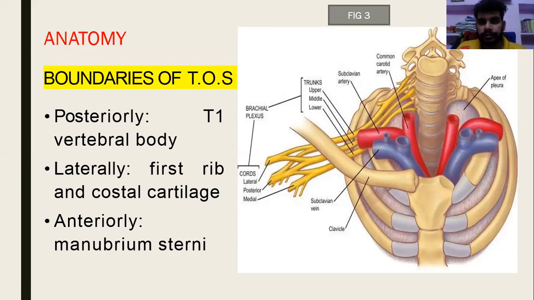That is shown in the figure. Be clear about it. We have seen posteriorly the T1 vertebral body, laterally the first rib and costal cartilage, and anteriorly the manubrium sternum.